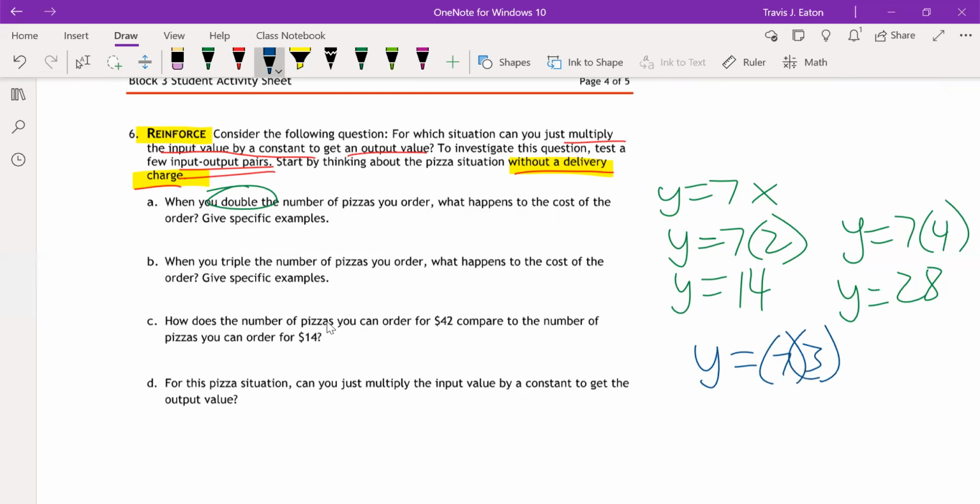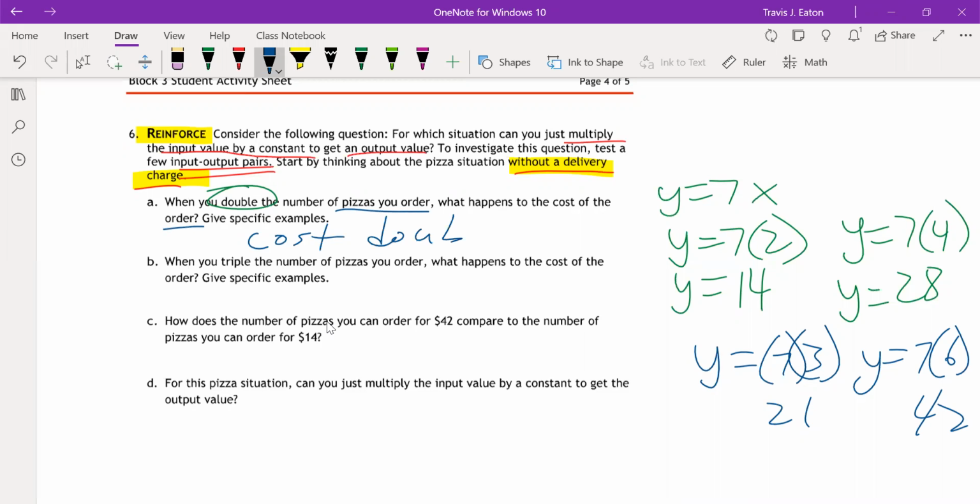So 7 times 3 is 21. What about y equals 7 times 6, because that would be doubling the order? 7 times 6 is 42. Is that double 21? It absolutely is. So when you double the number of pizzas you order, the cost of the order doubles also.